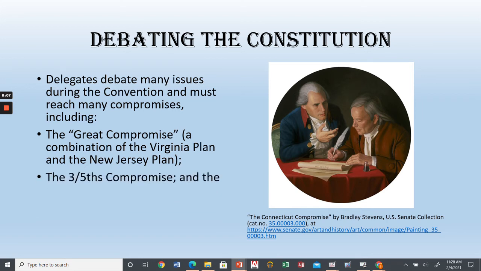The second, and by far the most controversial and infamous, infamous meaning famous for a bad reason, compromise during the Constitution was this 3/5 compromise. This is the part of the Constitution where the states are only going to count 3/5 of their slaves in determining representation.